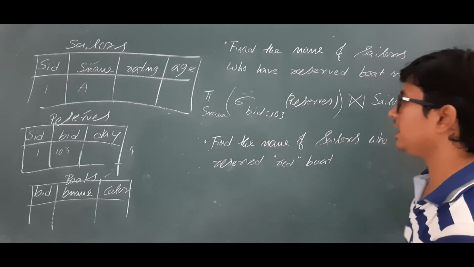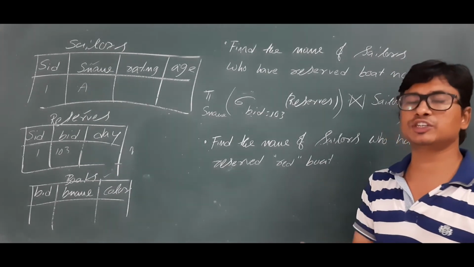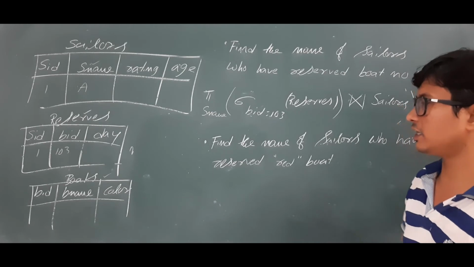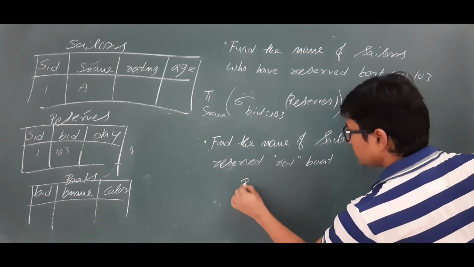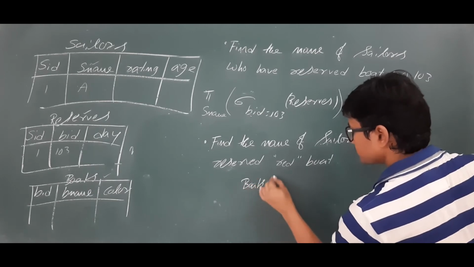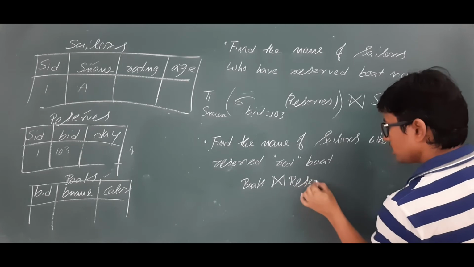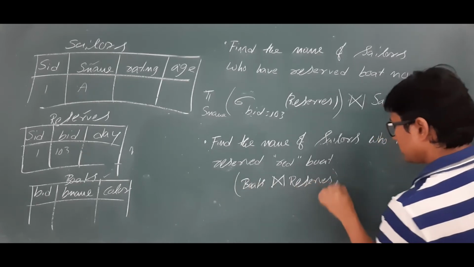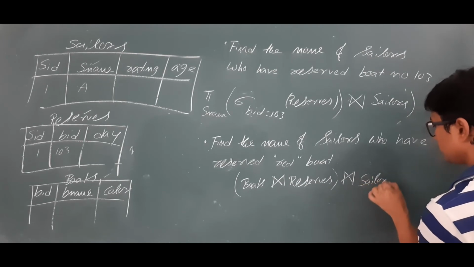So what is the way I can do this? I can write the normal query and I can write the efficient query. I hope you can understand how to write the normal query. How will you write it? You will write boats natural join with reserves. To that relation you will apply the natural join with sailors.